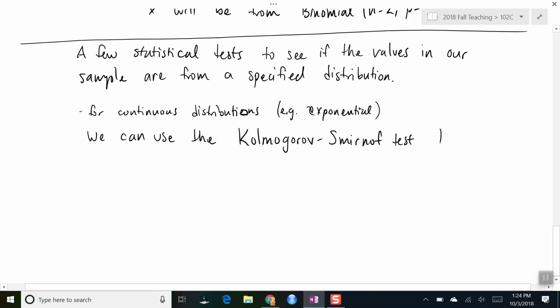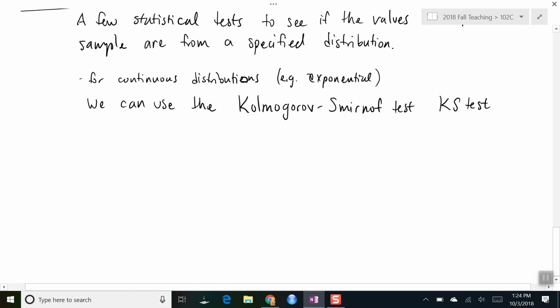So for example, for the exponential distribution, use the Kolmogorov-Smirnov test, also just called the KS test.